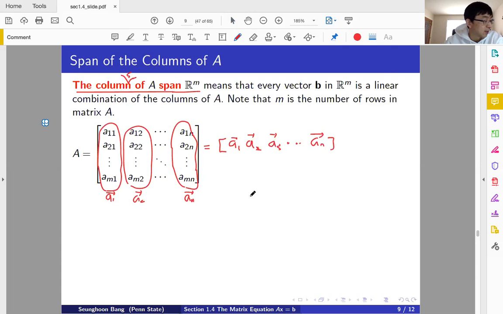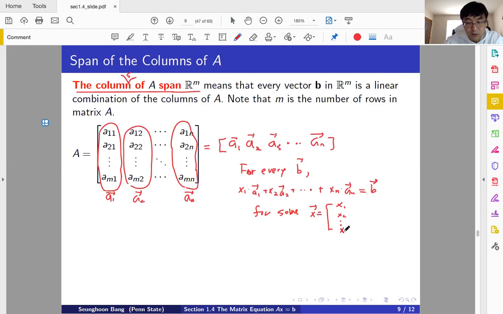So what is the exact meaning? For every vector b, we have this form: x1 times vector A1 plus x2 times vector A2 plus up to xn times vector An is exactly the same as vector b, for some vector x, where x is x1, x2, up to xn.